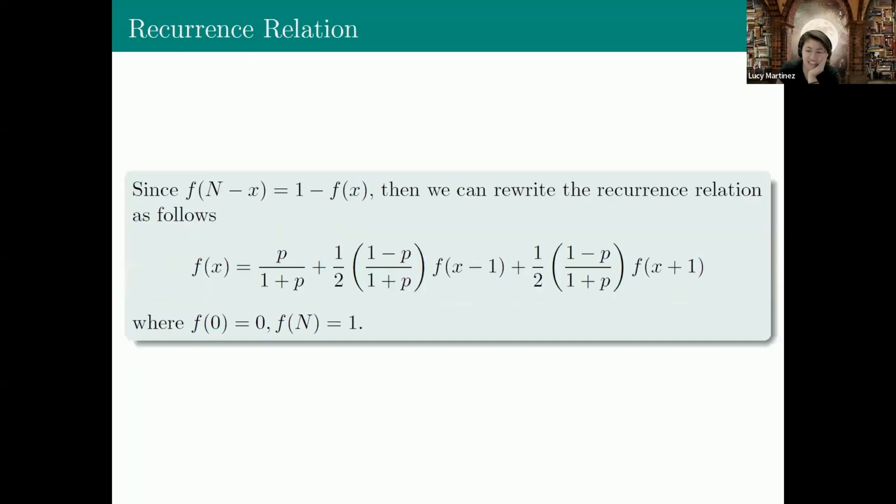Okay, because of that identity, it was crucial to have that identity, because without it, the closed formula for f of x wouldn't exist. Maybe, I don't know. We could rewrite the recurrence relation that satisfies the symmetric case to this recurrence relation on this slide.